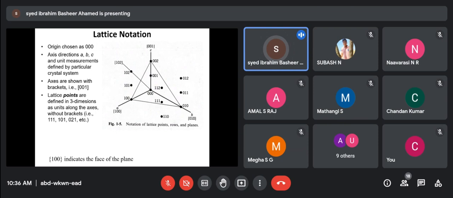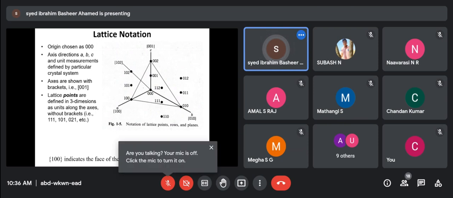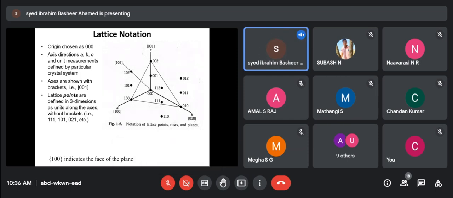Here you can see the axes are shown in square brackets: 1, 0, 0 is the A axis, 0, 1, 0 is the B axis, 0, 0, 1 is the C axis. Lattice points are shown without brackets.